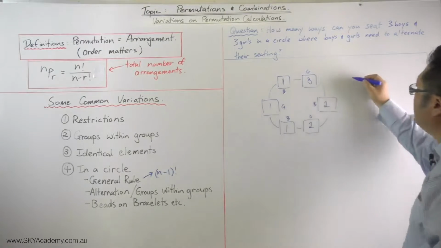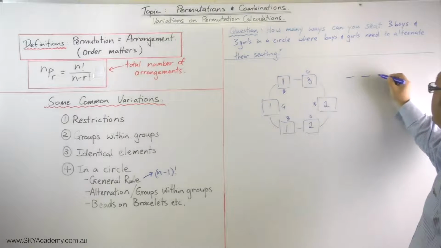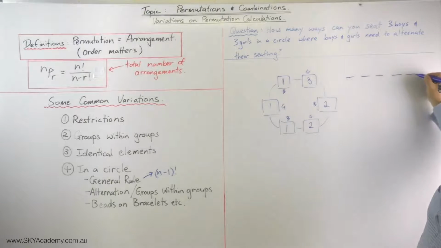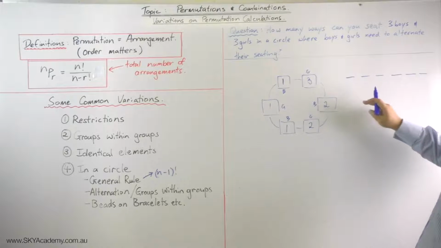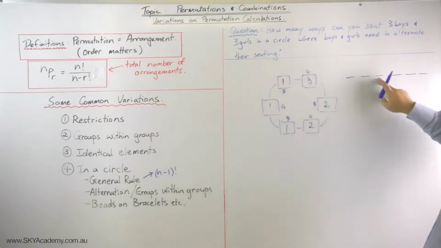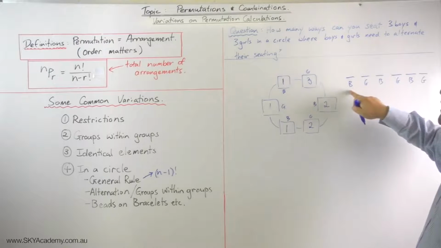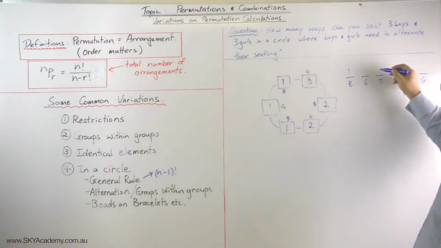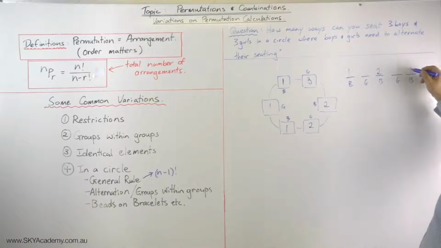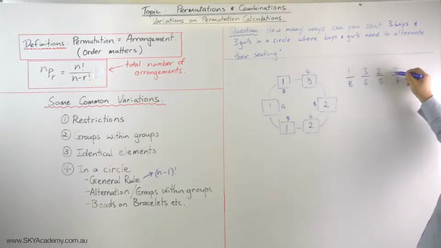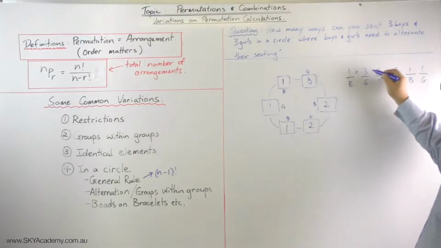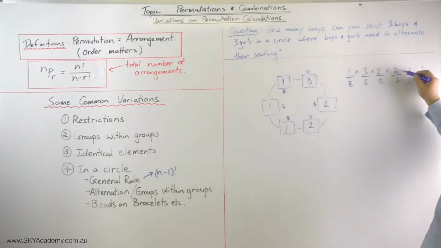So basically what we've got is boy, boy, boy, girl, girl, girl. Or another way that you can think of it, boy, girl, boy, girl, boy, girl. Whereas that person there has been anchored into place, 1, and then 2 and 1, 3, 2 and 1. You multiply them together.